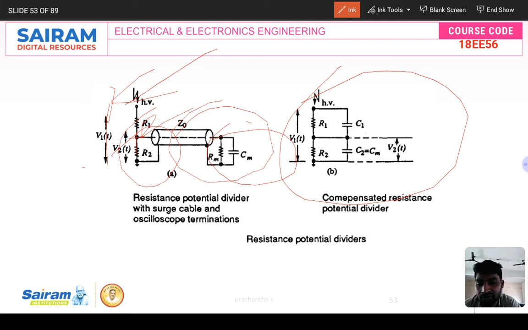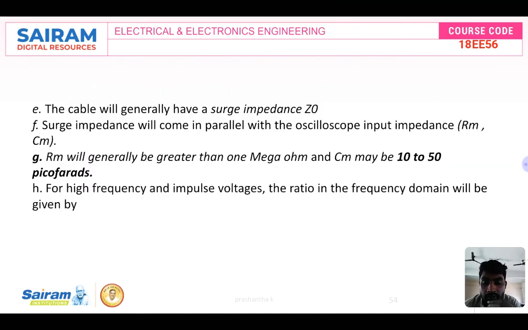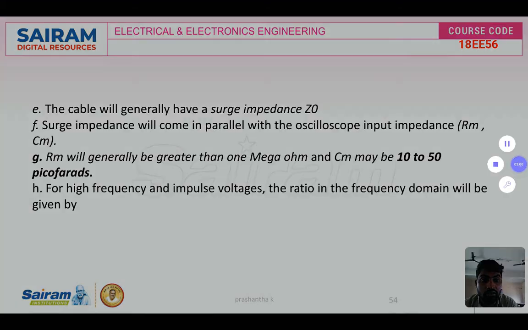Potential divider means voltage divider, right? So we have discussed how the voltage will be divided. Next, we have the explanation for that. The cable will generally have a surge impedance Z0, and the surge impedance will come in parallel with the oscilloscope impedance.